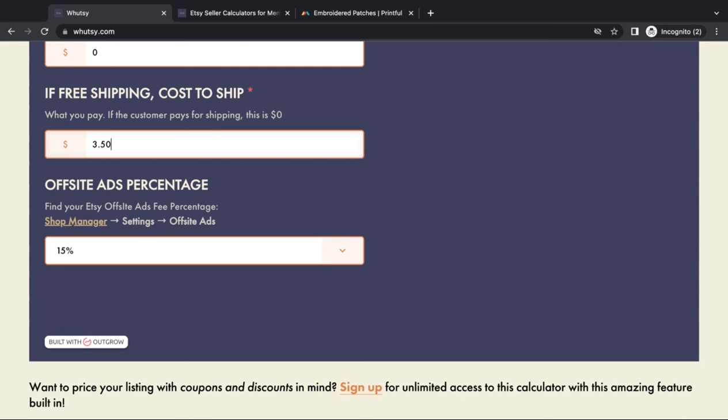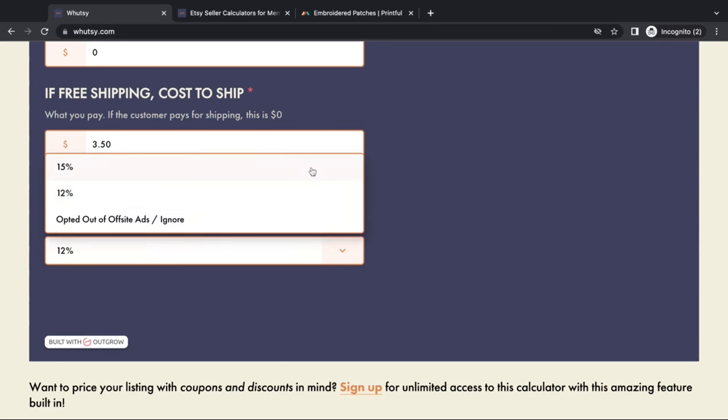If you are planning on doing that, you want to use this calculator with the 12% offsite ads, because when you reach that threshold and you're opted in automatically and you can't opt out, you are paying a 12% fee on any of those offsite ad clicks. If you are opted in before you hit the threshold, you'll be at 15%.